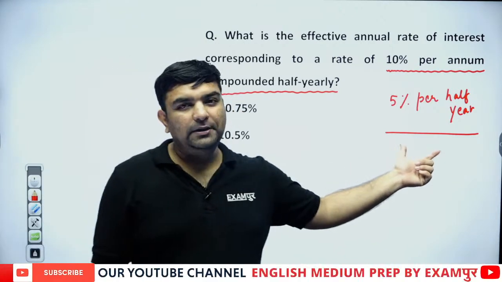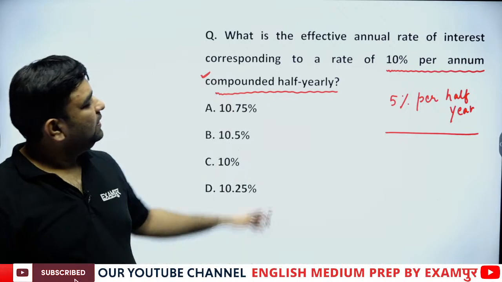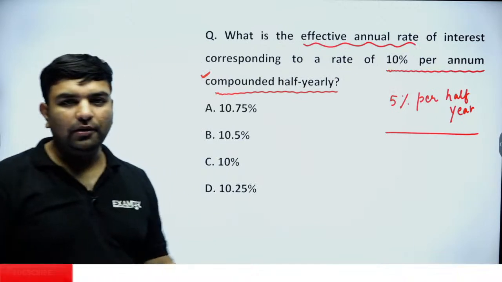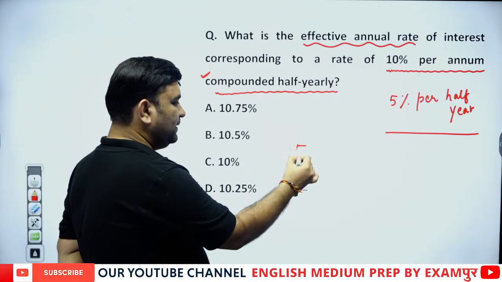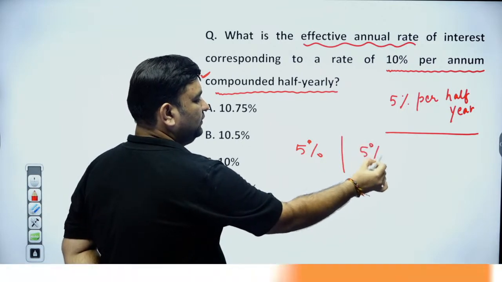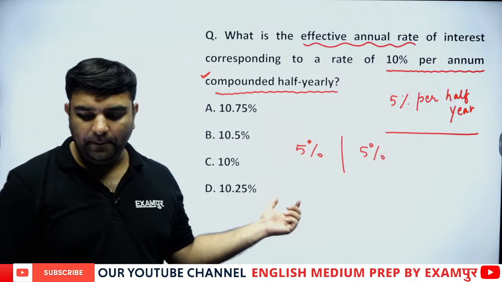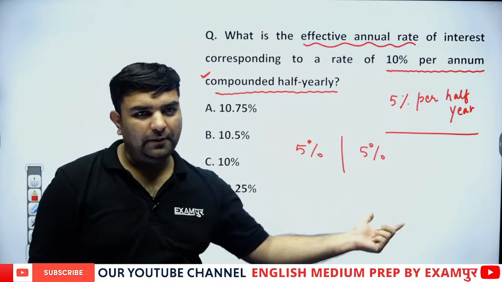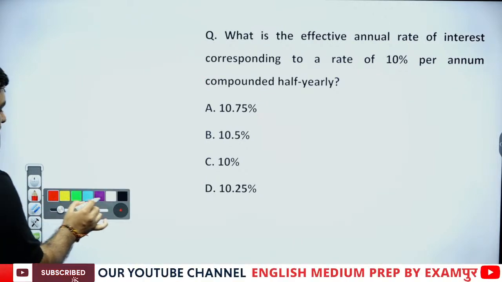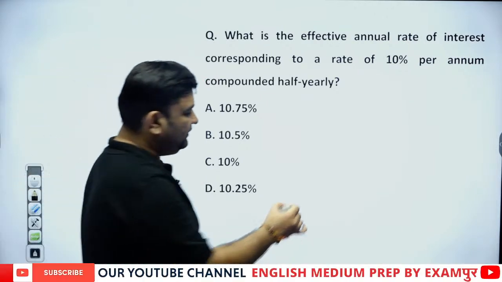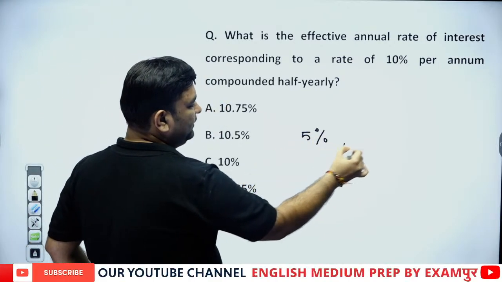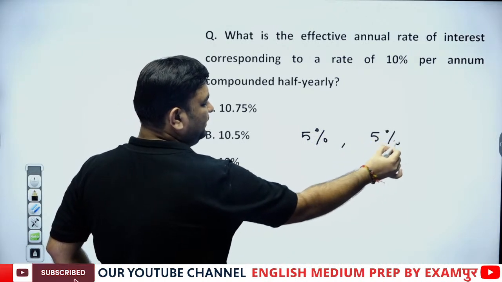So it is 5% per half year. Effective annual rate you have to calculate. 5% in the first half yearly and 5% in the second half yearly. What is the effective rate?